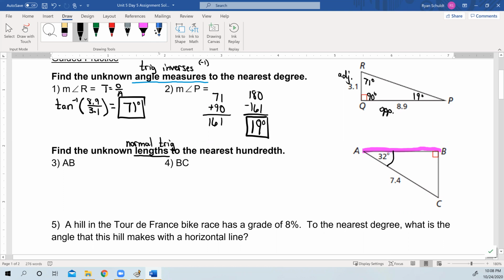This is a leg, so that means it's adjacent. This is our hypotenuse. Which one deals with adjacent and hypotenuse? Cosine.